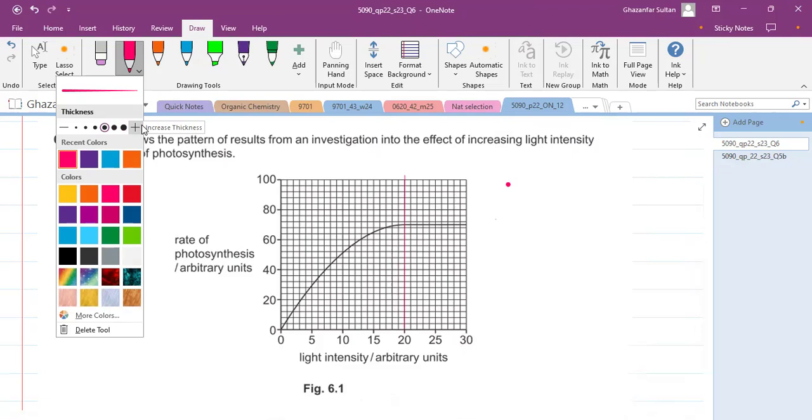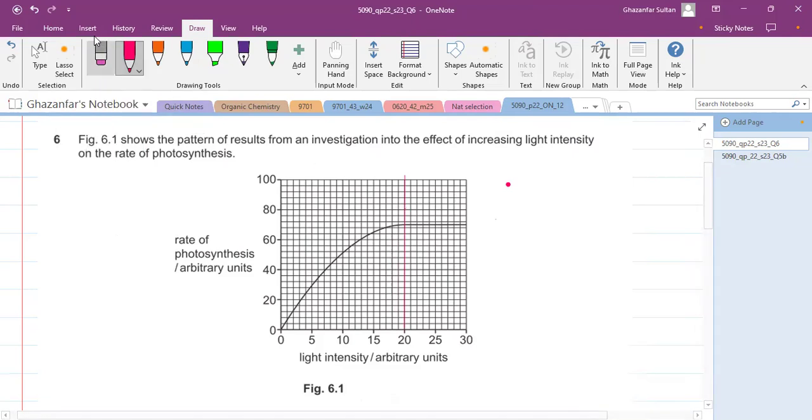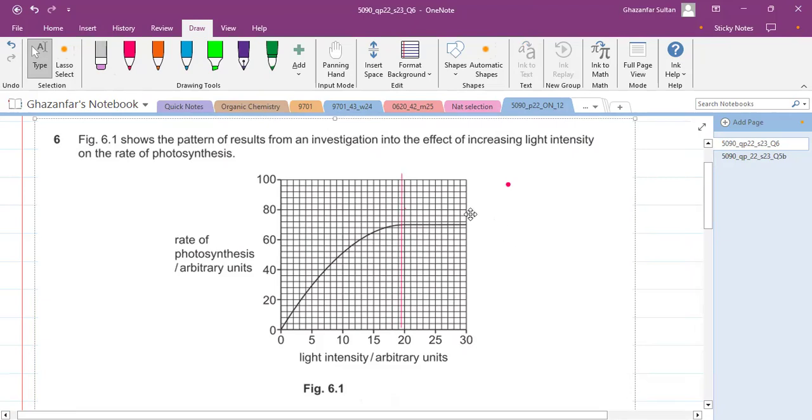So from 20, or slightly before 20, it becomes a straight line. And if you see 15, 16, 17, 18, 19, so at about 19.5, the line has become a straight, horizontal line.